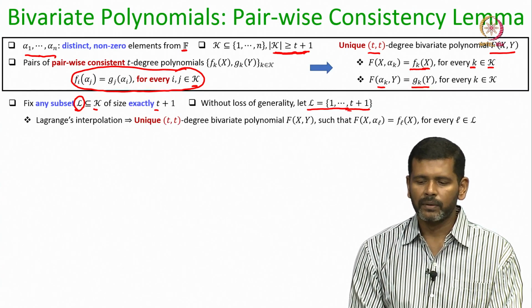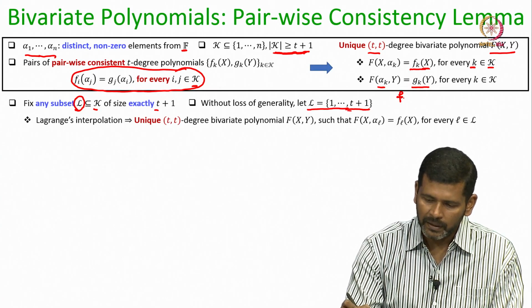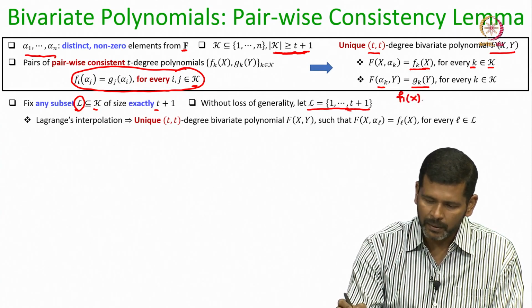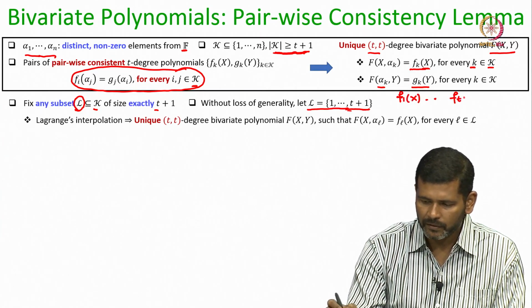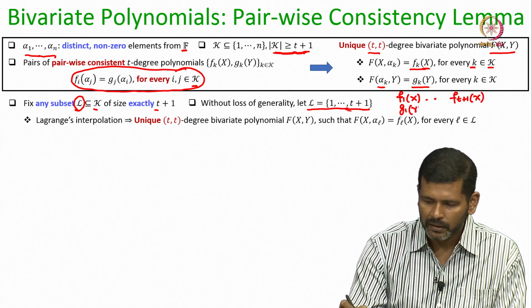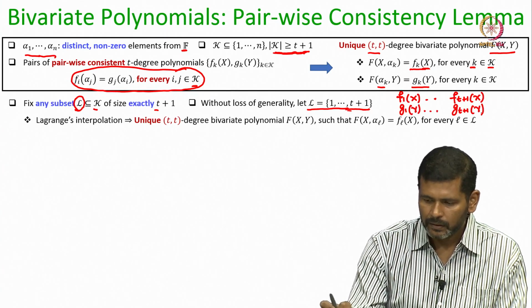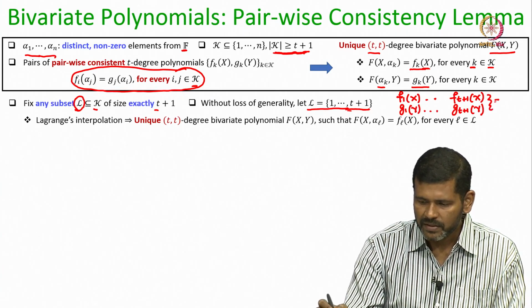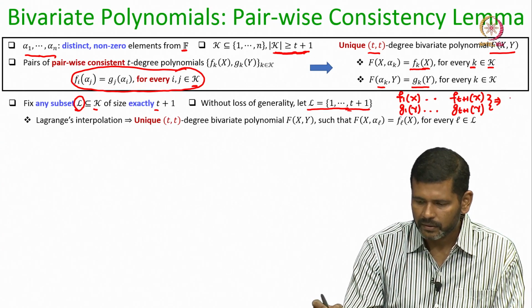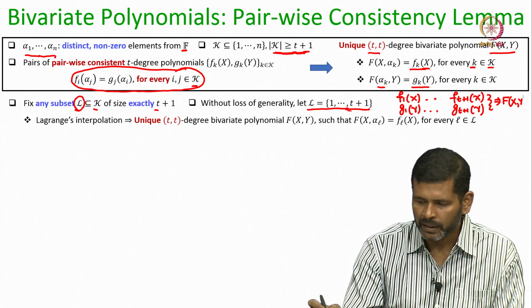Now, first what we will do is the following. We will show that if you are given the pairwise consistent f 1 x up to f sub t plus 1 x and g sub 1 y up to g sub t plus 1 y, and if they are pairwise consistent, then through these t plus 1 pairwise consistent x and y univariate polynomials, I can always pass a unique t degree bivariate polynomial.